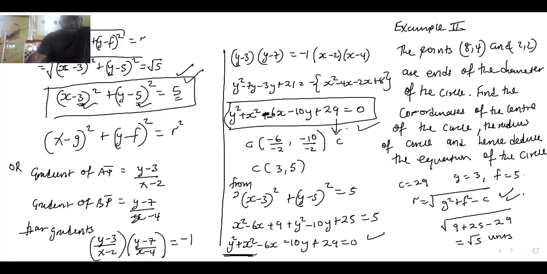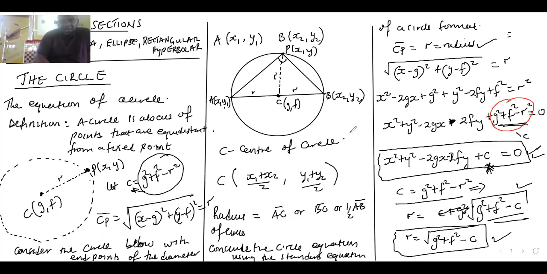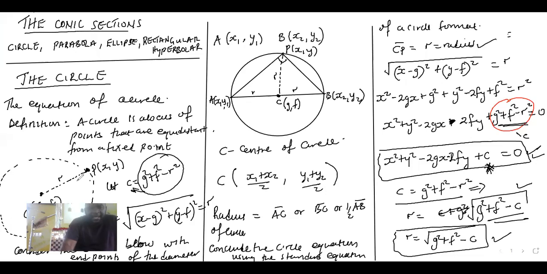Yes, Elizabeth, we are learning conic sections, and we have agreed that conic sections include the following. If I return you to our first page: a circle, a parabola, ellipse, rectangular hyperbola. And members agreed that we start with a circle. So if you had covered a circle, take it as a review.